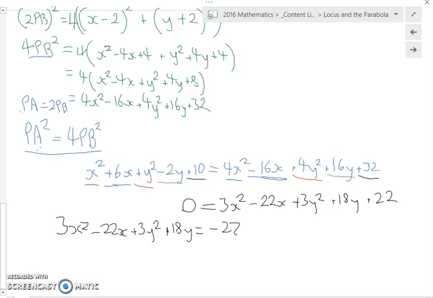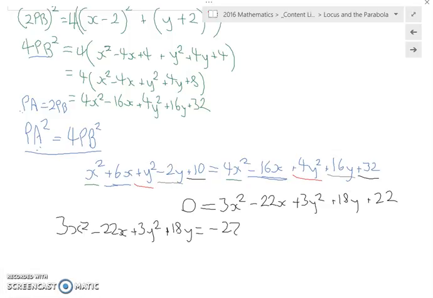It's got an x squared and it's got a y squared, which means it has to be a circle. Okay? It also has a minus 22x and a plus 18y. That just shifts where the center is. It shifts where the origin is. If the origin was the center, then you'd have 0x and 0y. And that's why you don't have. This one in this case has a weird thing.